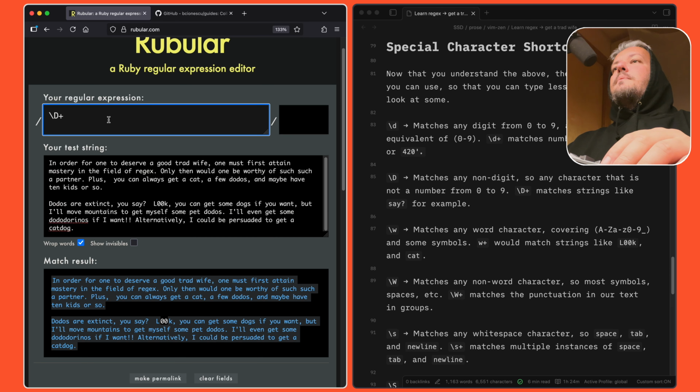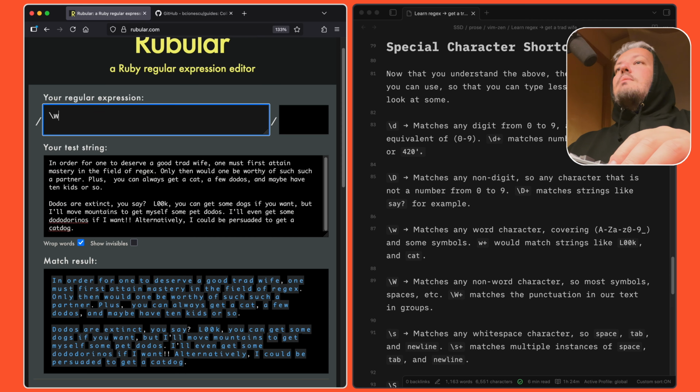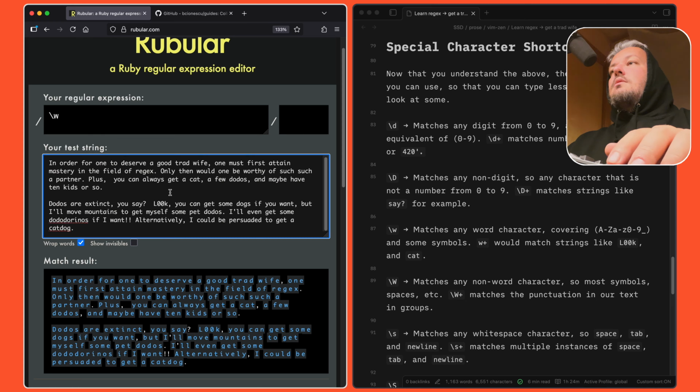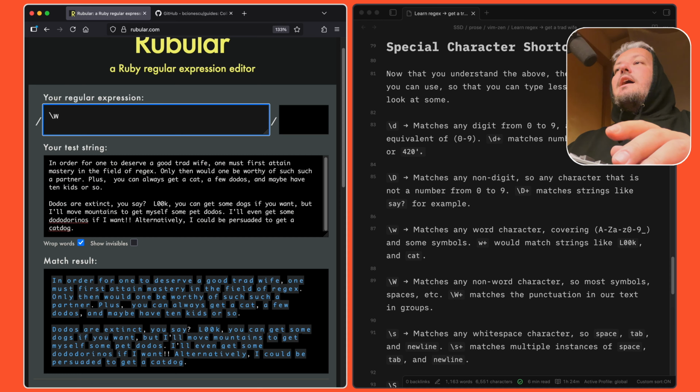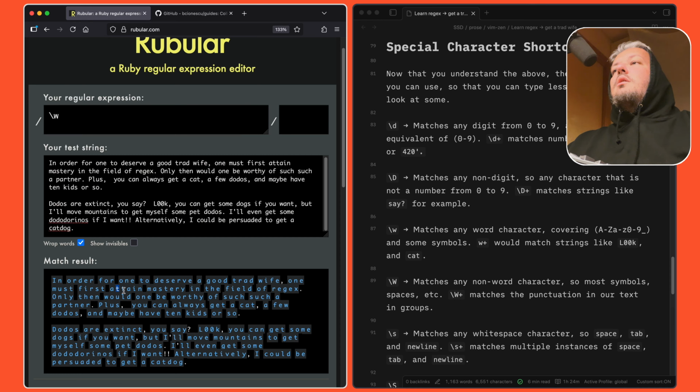Very interesting. Next up we have W, or lowercase w, which matches any word character. This covers A to Z, uppercase and lowercase, 0 to 9, and also underscore. If you want proof of that, there you go, underscore is also matched, but the question mark is not. To be specific, it actually matches every single character separately, right?